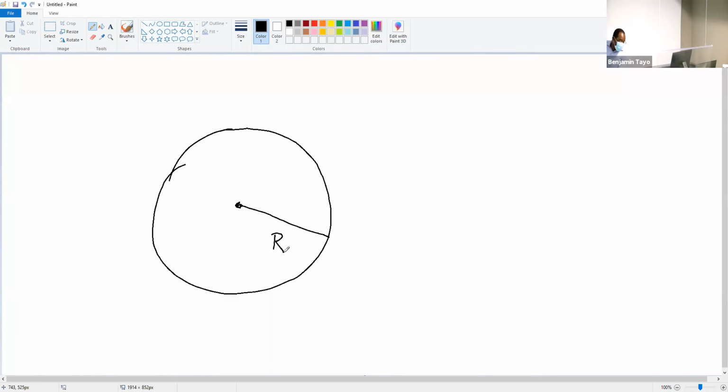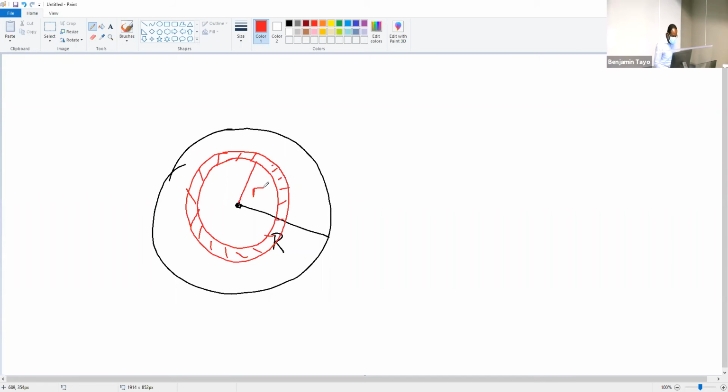If you're looking at the top, what you're seeing is that you can cut a small shell. Let me use a different color here. So you're cutting a small shell. The distance from here to here is small r.